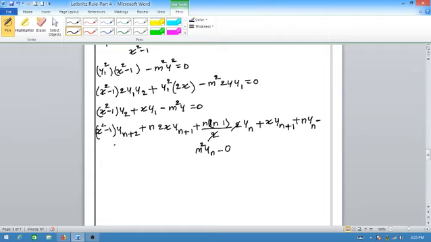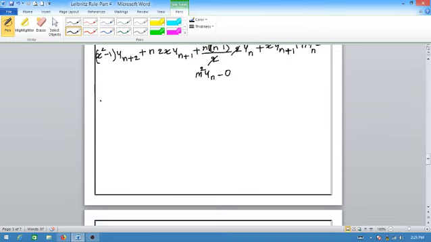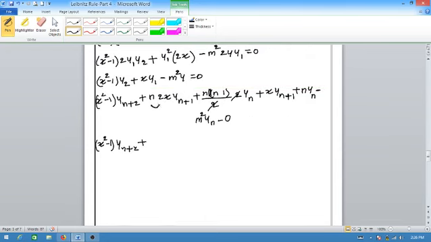Now simplify. So we'll get x square minus 1 yn plus 2, right, plus yn plus 1th term. So this is yn plus 1th term, this is yn plus 1th term, and this is yn plus 1th term. What is common? x into yn plus 1 is common. So you'll get 2n plus second term remains 1, x into yn plus 1, correct.